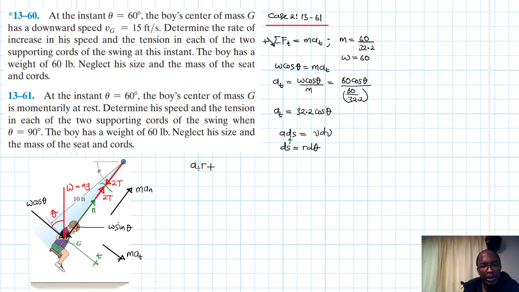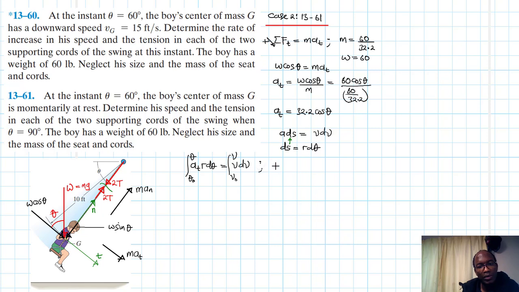Then we have r d theta is equal to v dv. Okay, so then we integrate. There we have theta 1 to theta 2, or theta naught to theta. There we have v naught to v.